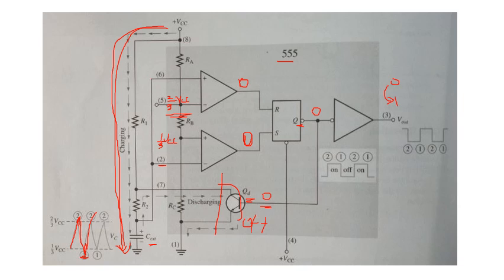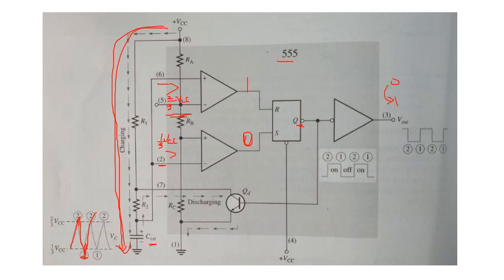So I'll clear this over here and this part to show you what happens exactly in the next part. Once charging has crossed this 2 by 3 VCC, this will be 1. So once this voltage at pin 6 is greater than 2 by 3 VCC, this is also greater than 1 by 3 VCC.